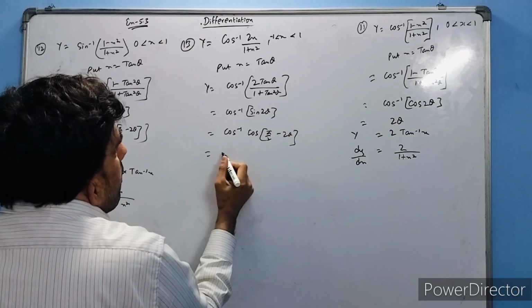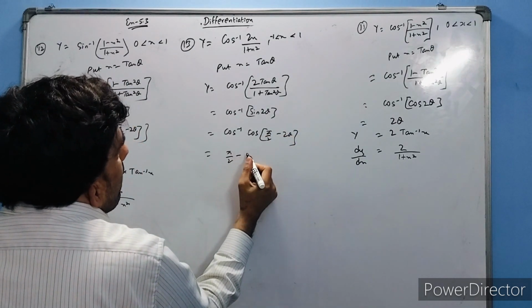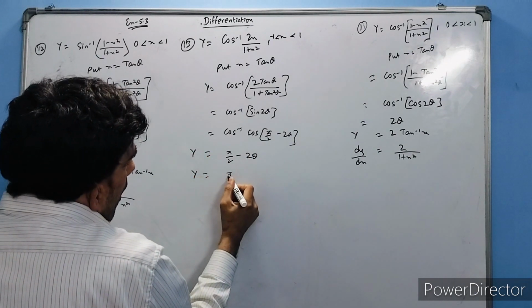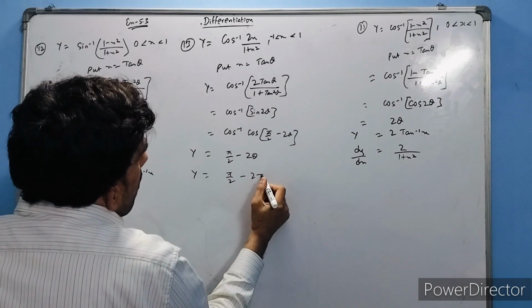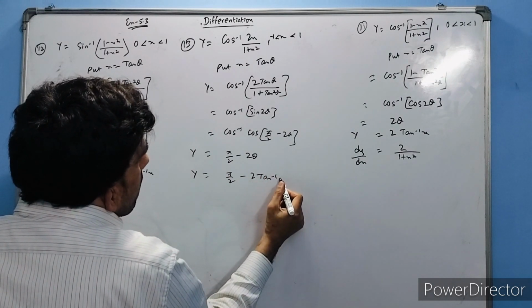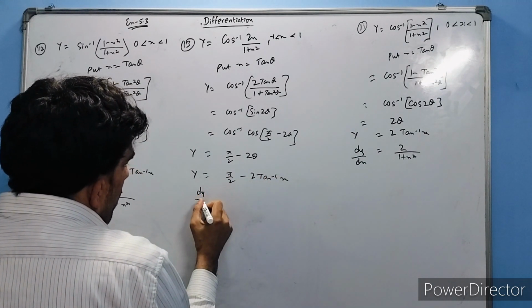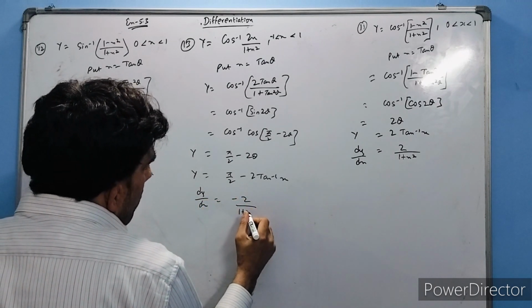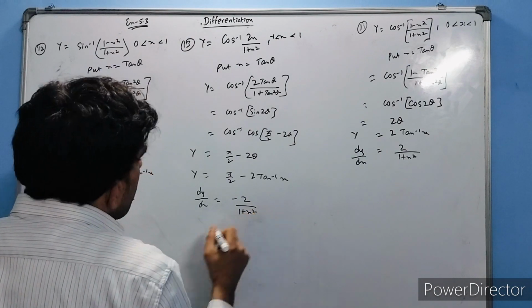So we have y is equal to pi upon 2 minus 2 tan inverse x. So we have dy upon dx is equal to minus 2 upon 1 plus x square.